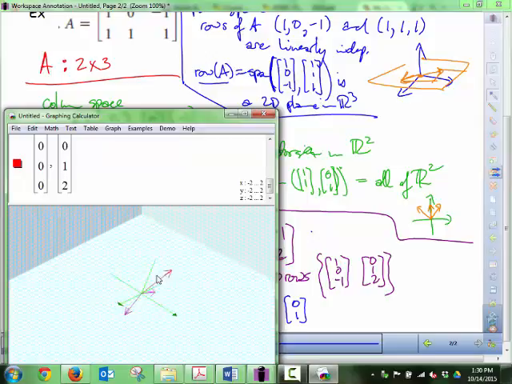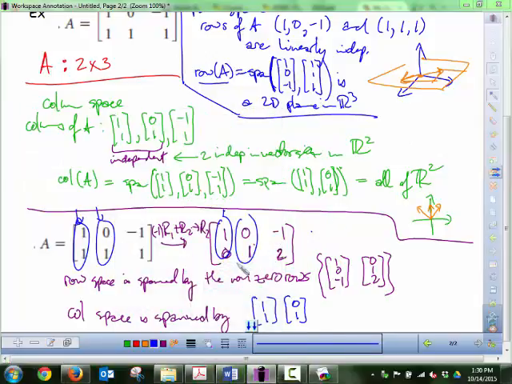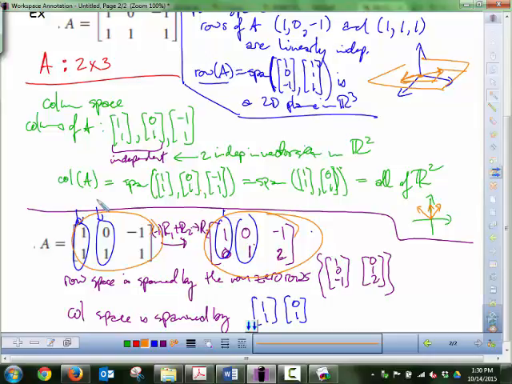So that means that the span of these two vectors after the matrix has been reduced, the span of those two rows is the same as the span of the original two rows. Okay? And that is, the span is exactly the row space.